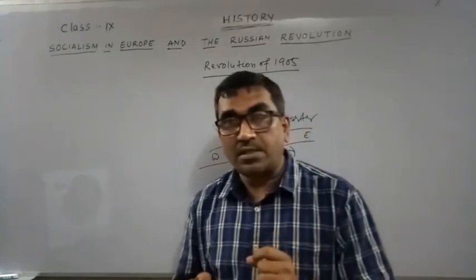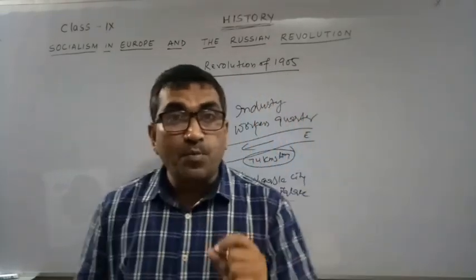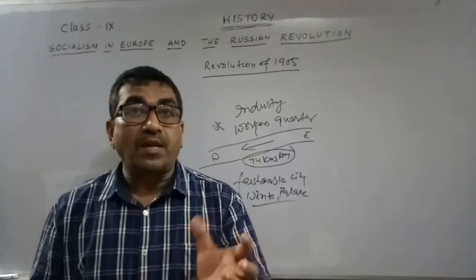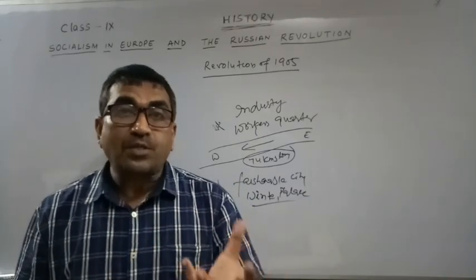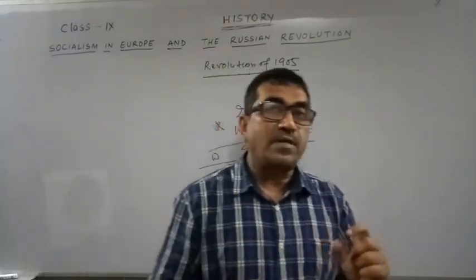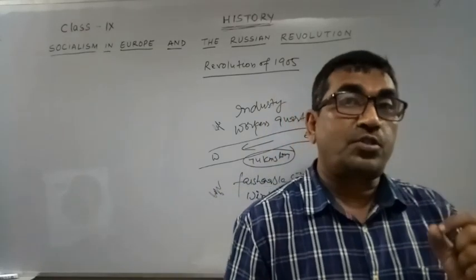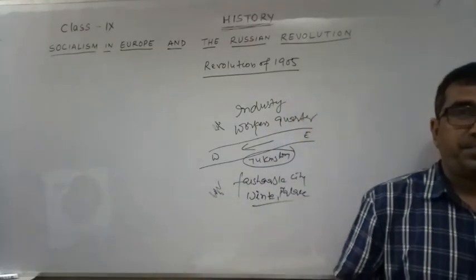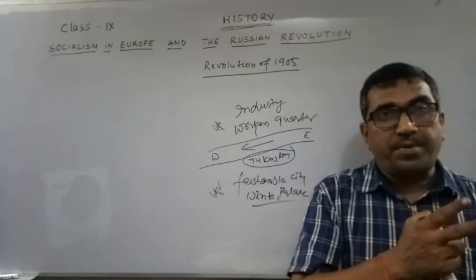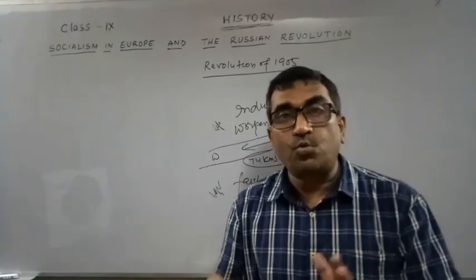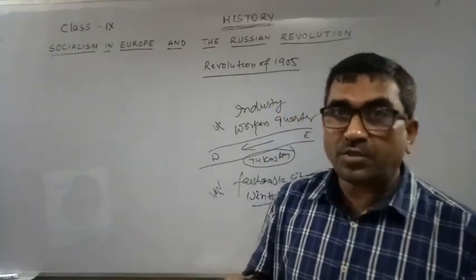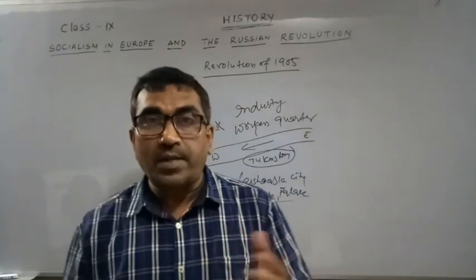These industrial workers were manipulated by Father Gapon, and you may ask, who was Father Gapon? He was a priest in the Orthodox Church. The church had been divided into two parts, Orthodox and Protestant, that is called Catholic.